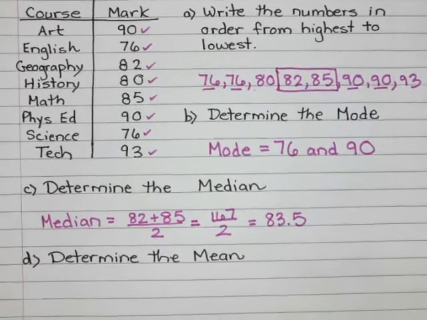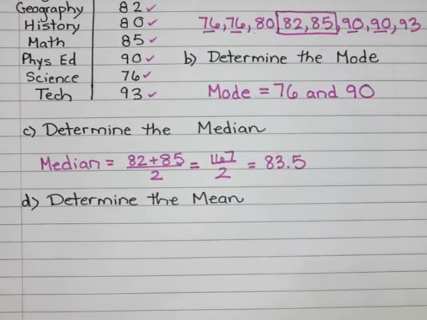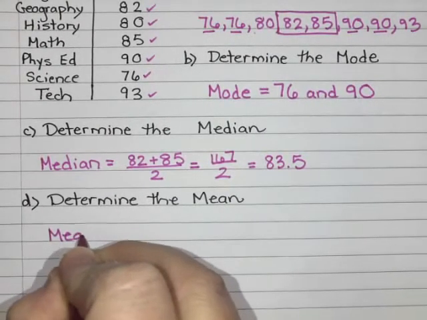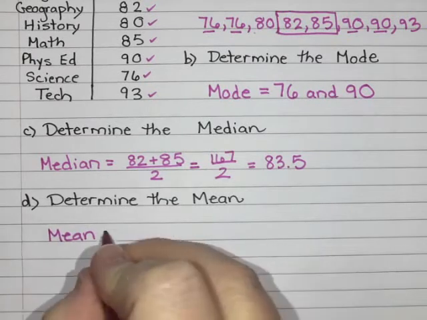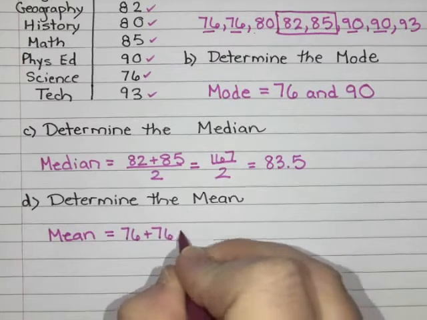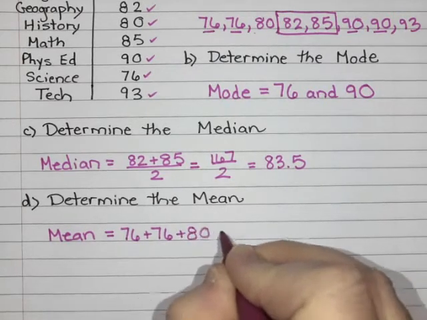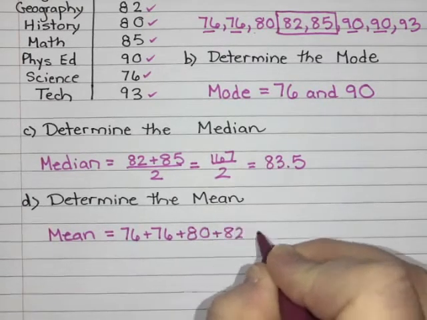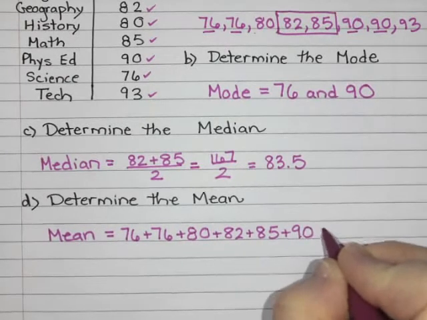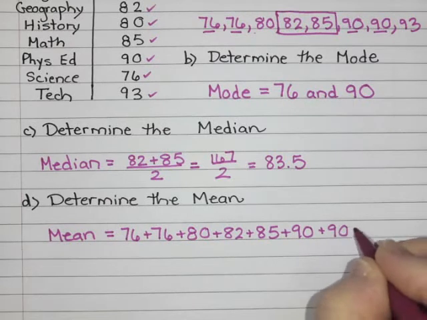Now our last question asks us to find the mean. So the mean is the average. It's what you get when you add all of your terms together and divide by the number of terms. So to get my mean, I'm going to add together all of those numbers. So 76, 76, 80, 82, 85, 90, 90 again, and 93.